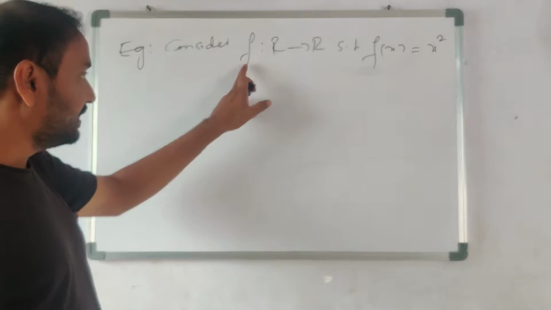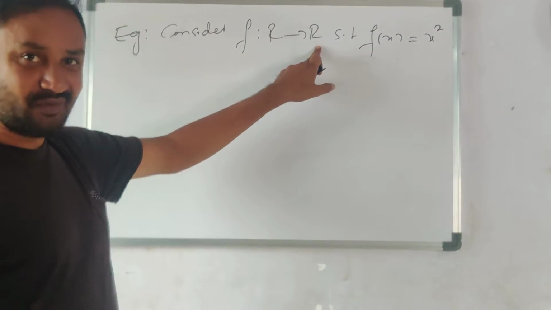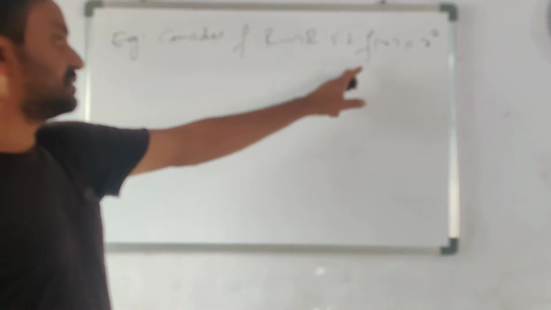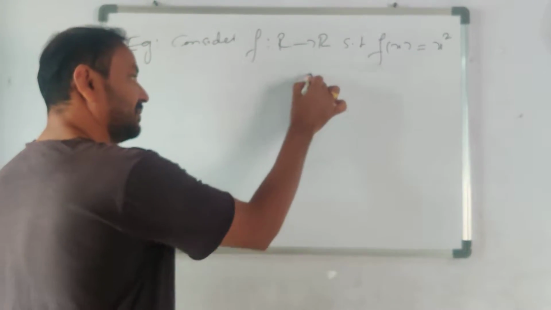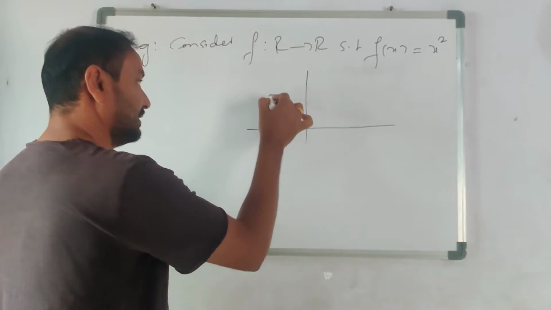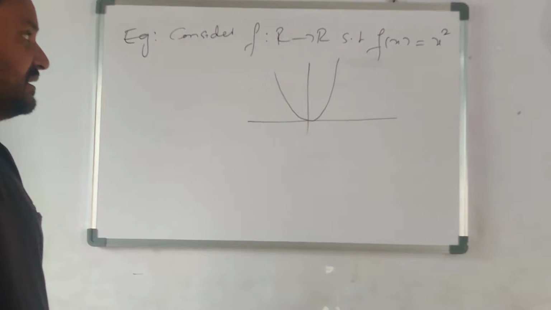The function is defined from R to R, domain R and range R. So on the domain R, we draw the graph of the given function. This is the graph, opening upwards.